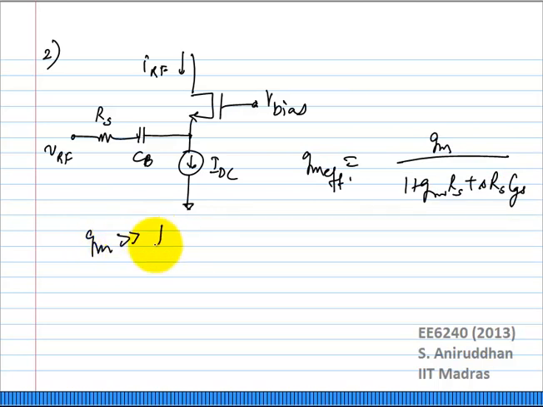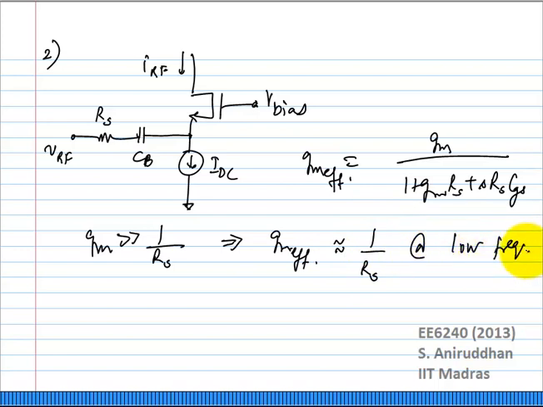If GM was much larger than 1 over RS, the effective GM will just become 1 over RS at low frequencies when the CGS effect is very small, correct? Correct. Yes. So that is why the input overall transconductance will just become 1 over RS.